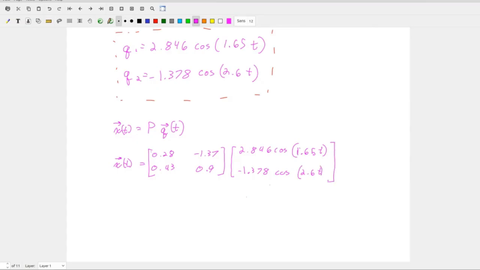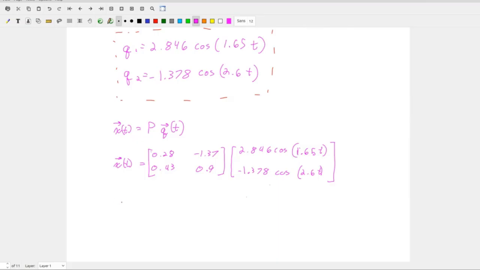Right? So x1 is going to be 2.8 times 2.84 cosine, plus negative 1.37 times 1.38 cosine of 2.6t.